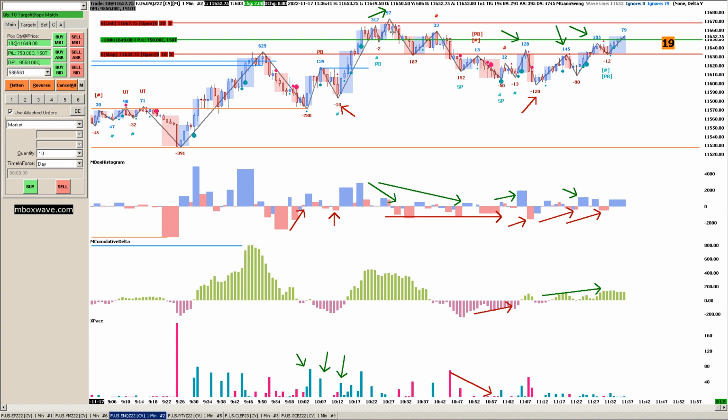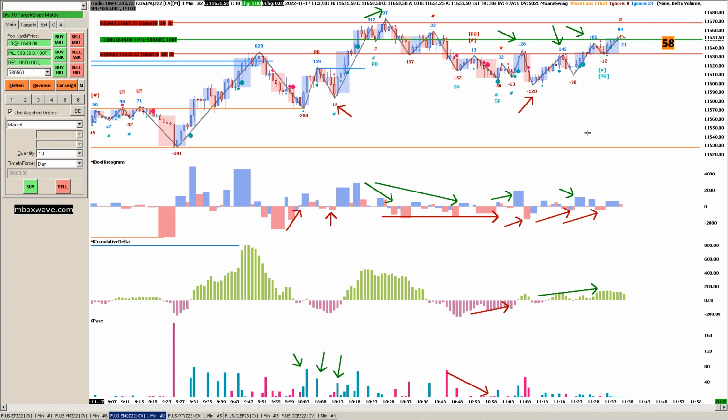I'll just do that, I don't want to be in a situation where it's one tick away and we don't get it. All right, I placed my bets, so we'll see what happens.